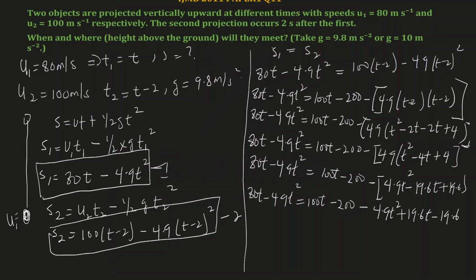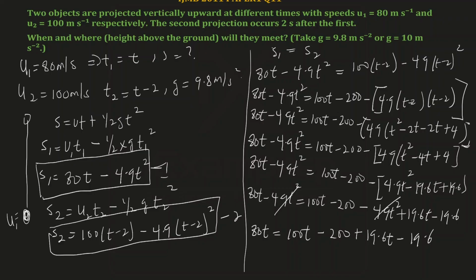So let's see what we can cancel out. Negative 4.9t squared can cancel 4.9t squared. So we are left with 80t equals 100t minus 200 plus 19.6t minus 19.6.